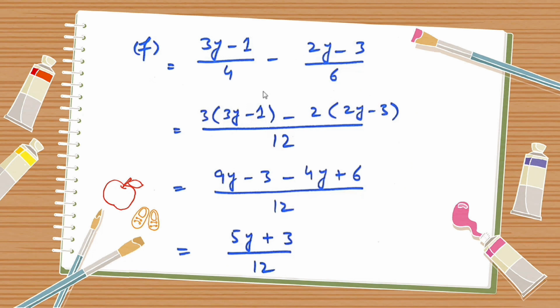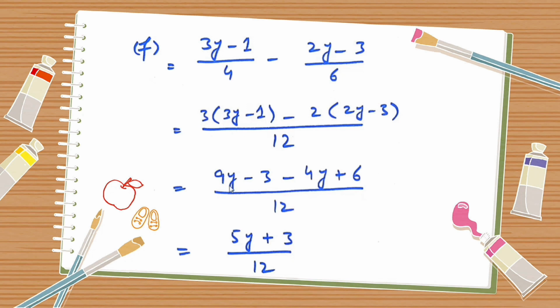The F part of this question states that we have two fractions and we have to subtract them, and we have to take the LCM of 4 and 6, that is 12. And this again, as I've told in earlier parts, first we have to divide it with the denominator, the answer is multiplied with the numerator, and then simplified terms are added or subtracted. So in this case you can see that plus minus is minus, so 9y and 4y can be solved together, and 3 and 6 will be solved together.